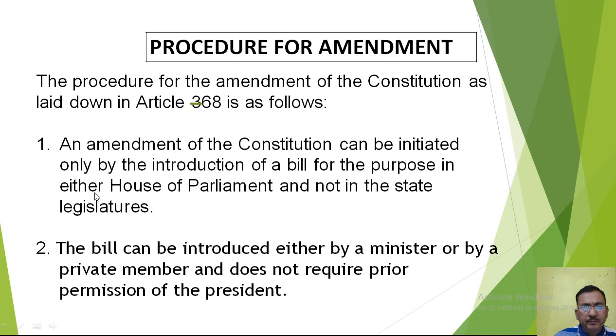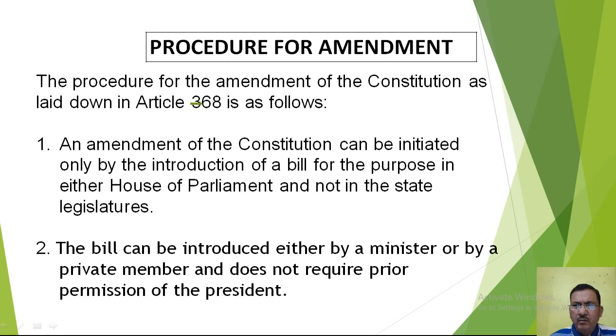The next one, it is not necessary that the bill must be introduced by a minister. It can be introduced by a private member also. Here the private member means the members of the parliament who are not part of the government, or the ruling party, or the ministers.